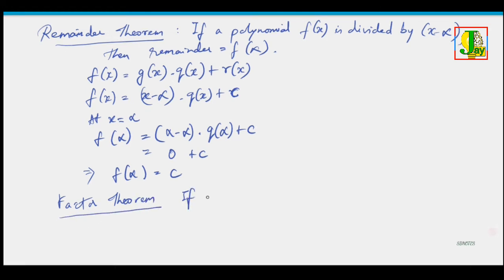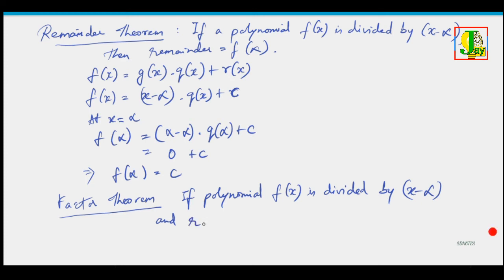Okay. If a polynomial f(x) is divided by x minus alpha and there is no remainder, i.e. f of alpha equals 0, then x minus alpha is the factor.